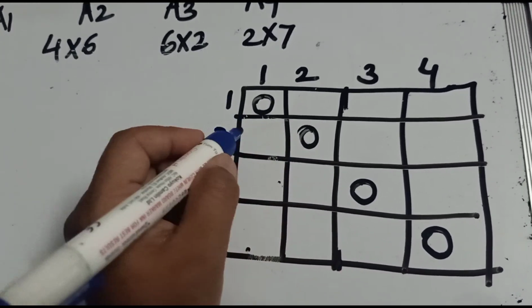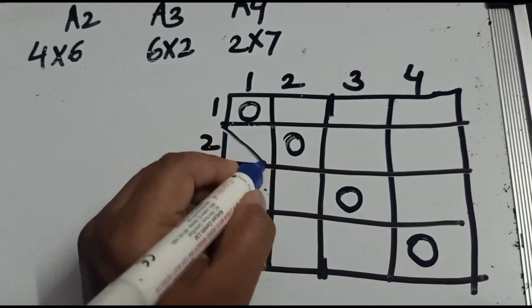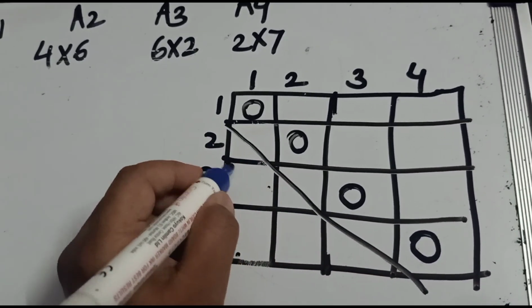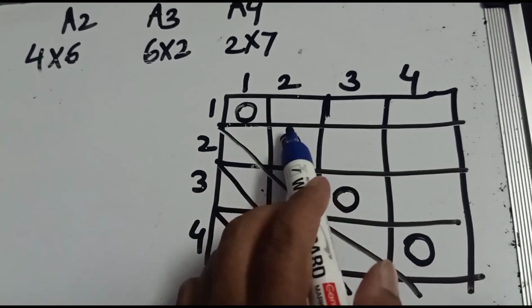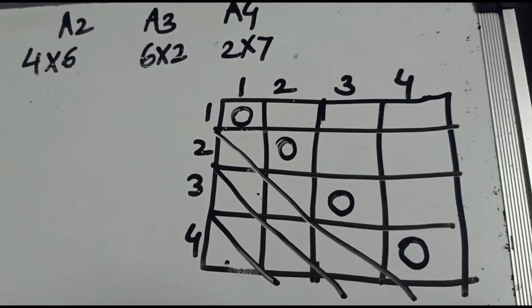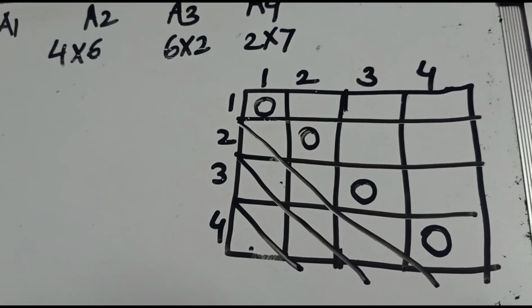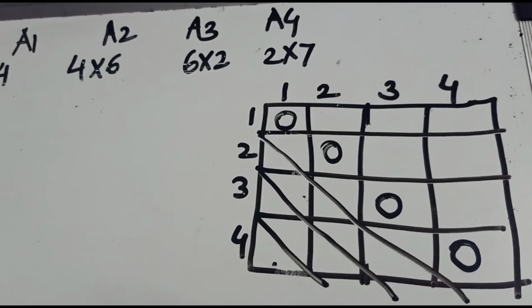So there is no need to compute these values. We'll focus on the upper values. So in total 1, 2, 3, 4, 5, 6 values we are going to find with the help of dynamic programming.